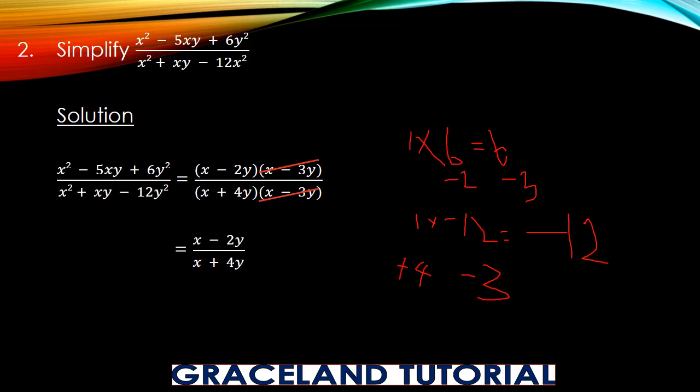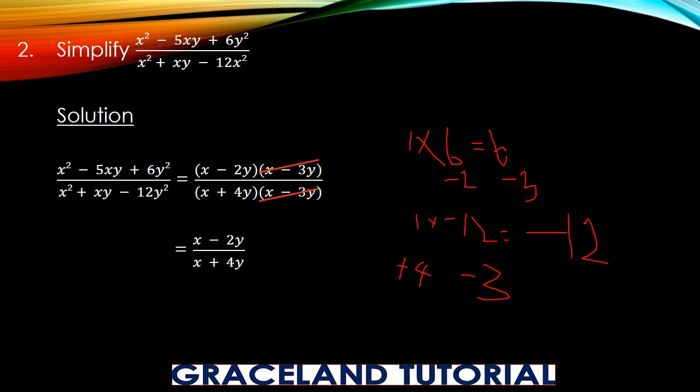Now let's go to x squared plus xy minus 12y squared. The coefficient of x squared there is plus 1 and the coefficient of y squared is minus 12. So multiply 1 by minus 12, that will be equal to minus 12.